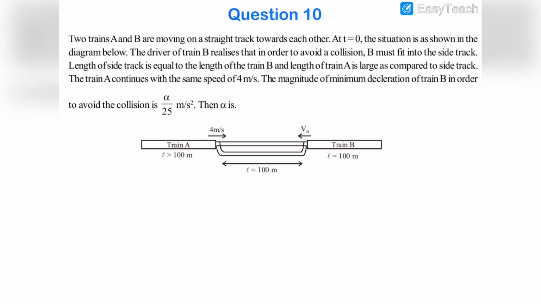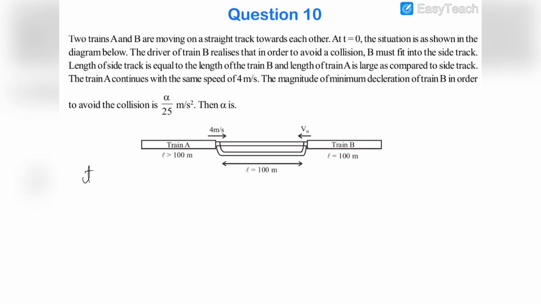So let us analyze the situation. We know that if train A is traveling with constant speed of 4 meters per second, then the engine of train A would take 25 seconds to move from this point to this point, because it has to cover a distance of 100 meters with 4 meters per second.